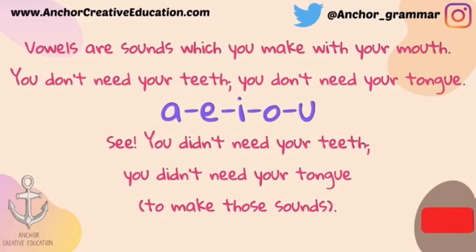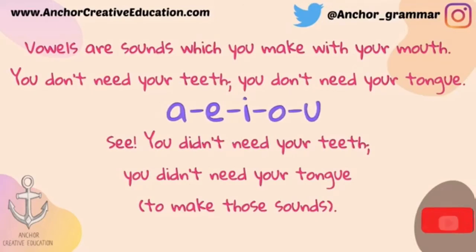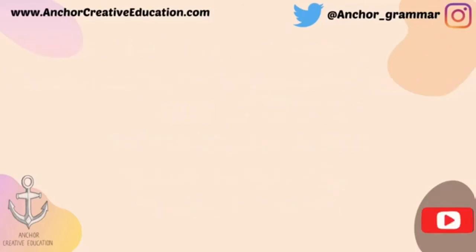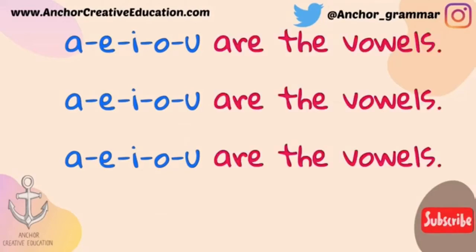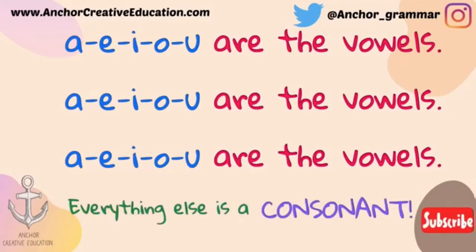A, E, I, O, U. See? You didn't need your teeth. You didn't need your tongue to make those sounds. A, E, I, O, U are the vowels. Everything else is a consonant.